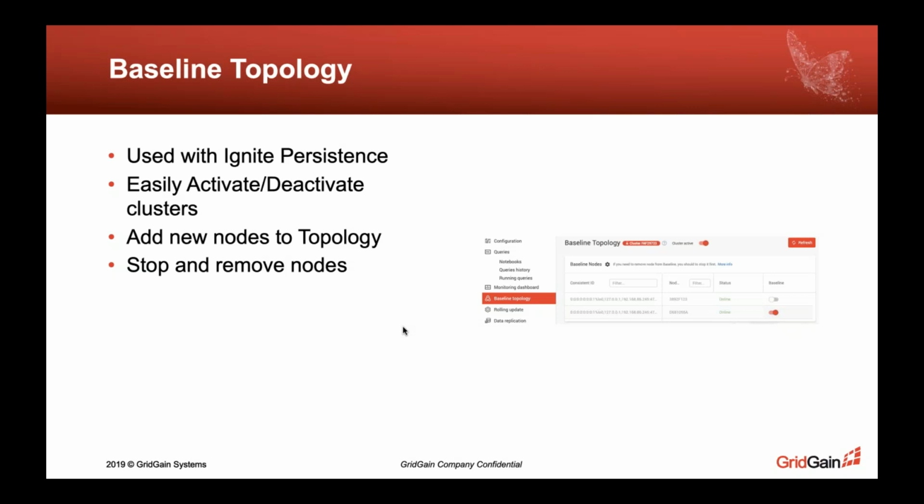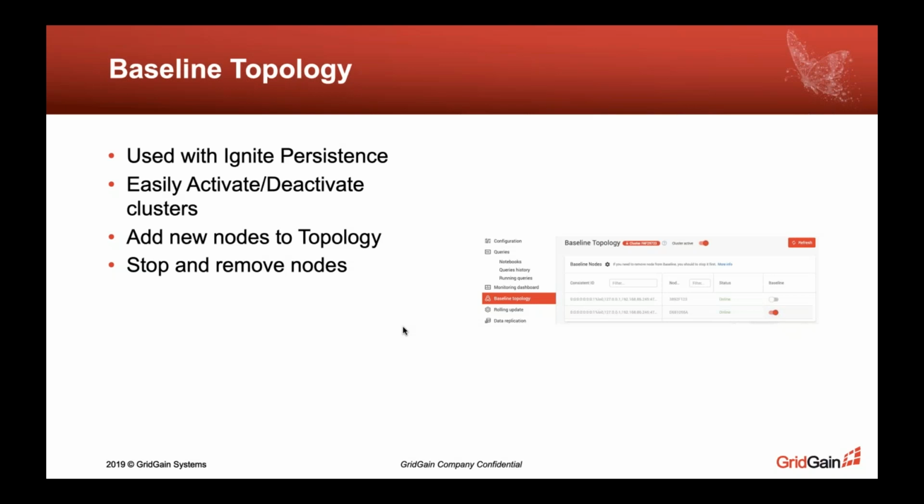And this is typically done to prevent performance or consistency issues. And so when we're starting an Ignite cluster that's using persistence, we'll want to define a baseline topology for the cluster. And then this will help maintain some consistency if we're doing restarts of nodes and things like that.